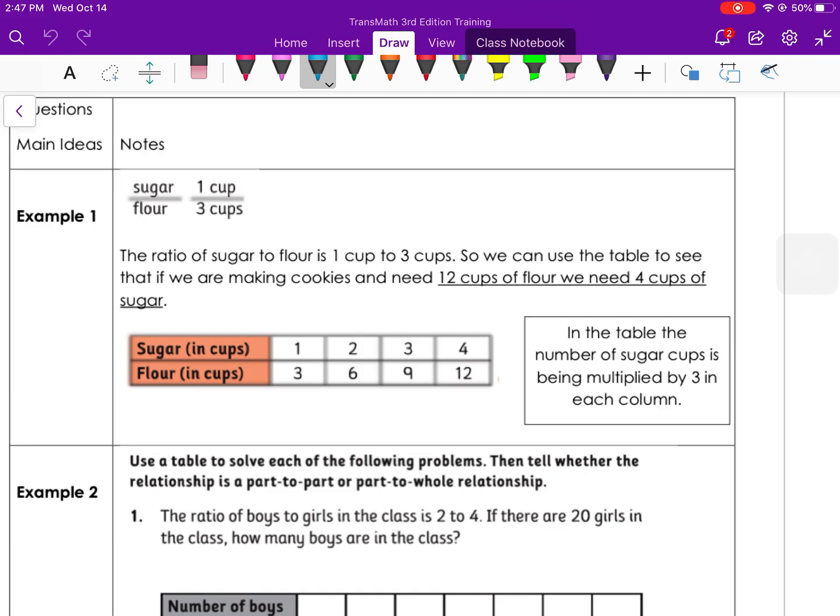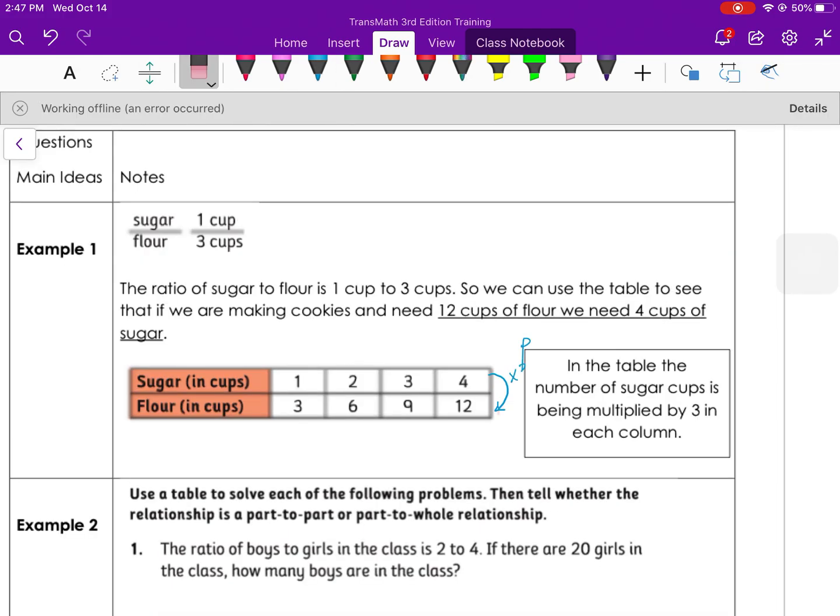So in the table, the number of sugar cups is being multiplied by 3 in each column. You take the number of cups of sugar, and that times 3 gives you the number of cups of flour that you would need, since it's a 1-to-3 ratio.